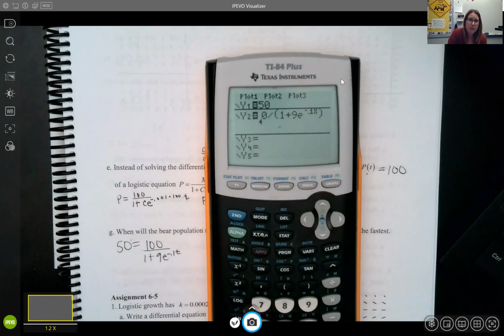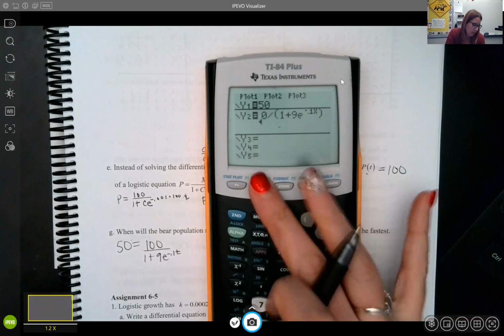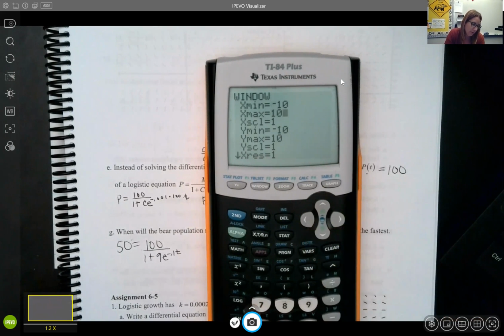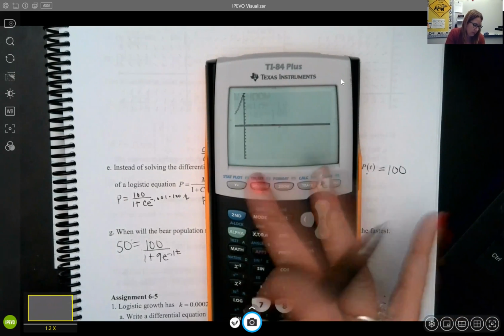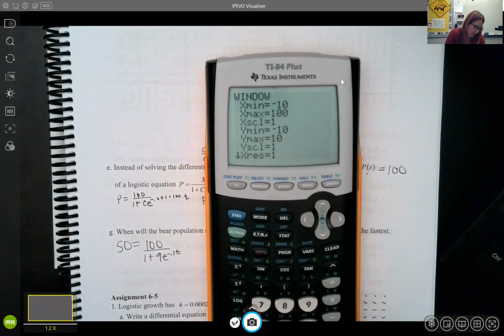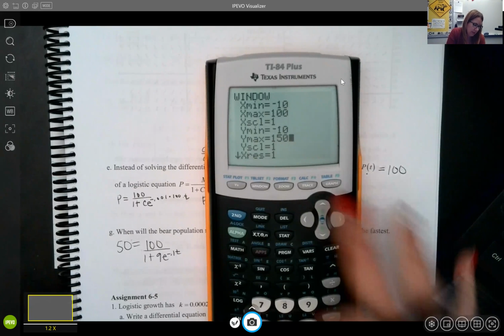Okay, so I have my two equations, and I want to find where they cross. Remember, the x value in this is talking about time, so you probably want to change your x max to 100. 100 years is a pretty long time. And you know that the y max is 100, so I usually go a little bit higher so I can see the whole thing.